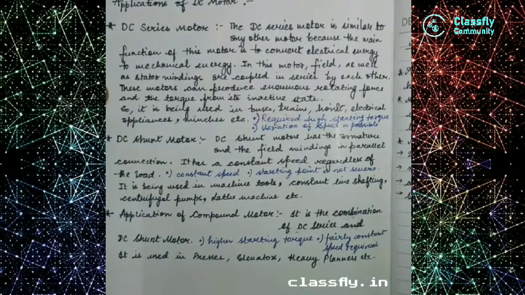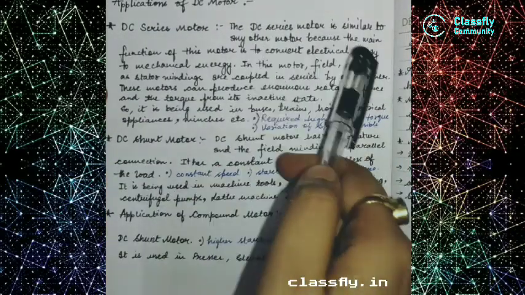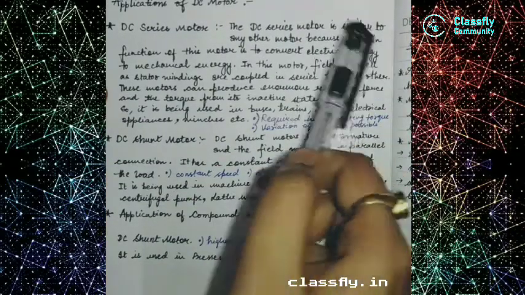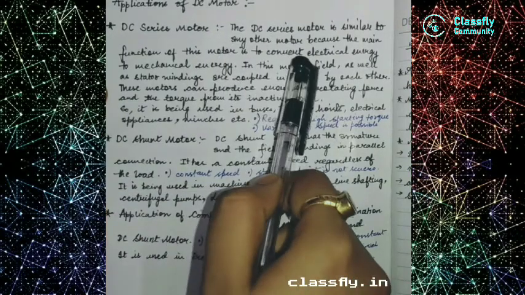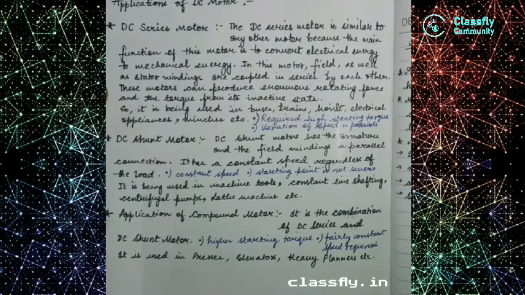As we all know, what does a motor do? What is its basic work or main function? A motor converts electrical energy into mechanical energy, right? Similarly, the DC series motor is like any other motor, because its main function is to convert electrical energy into mechanical energy.